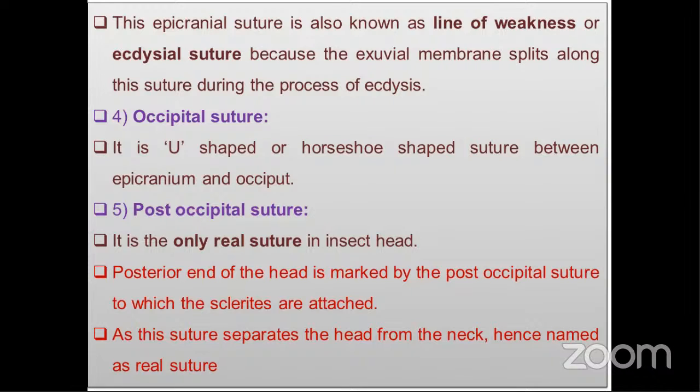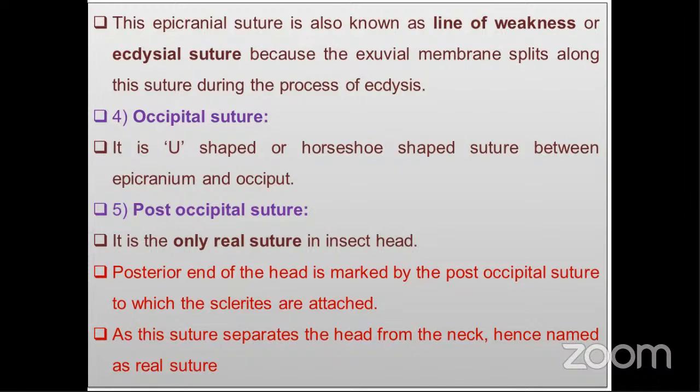That's why we call it a line of weakness or ecdysial suture. The cuticle splits in this region only, along the epicranial suture.